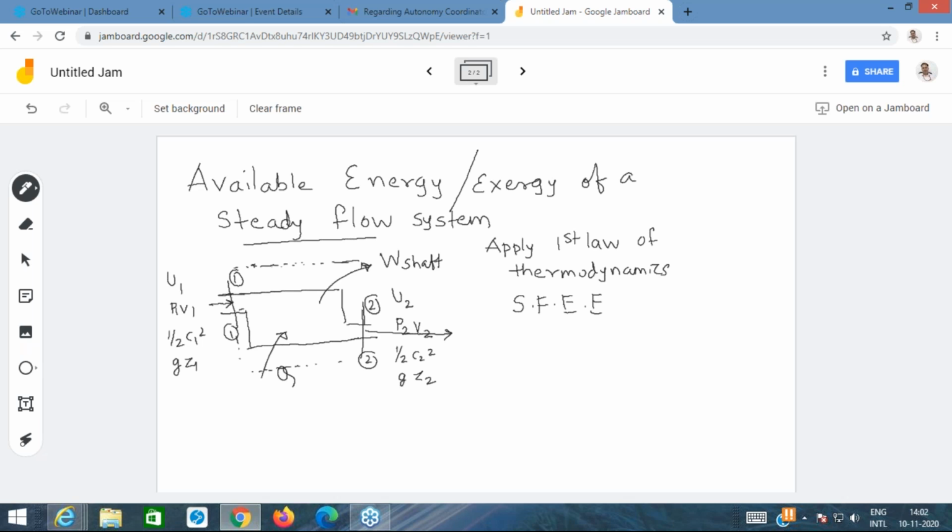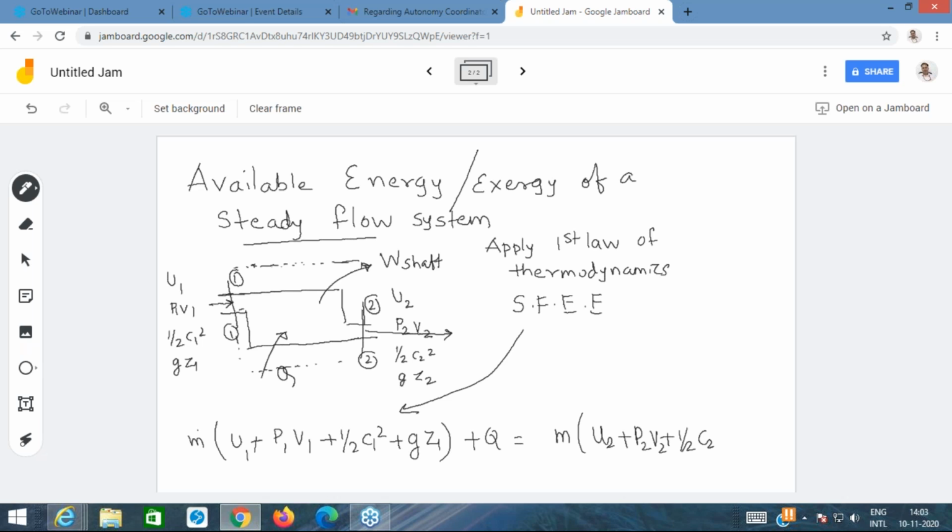If you remember it, that equation is m dot into, or m into, depending upon whether you are expressing it per second or per kg, u1 plus p1 v1 plus half c1 square plus g z1, plus q, the heat transferred, is equal to m into u2 plus p2 v2 plus half c2 square plus g z2, plus shaft work, the mechanical work.